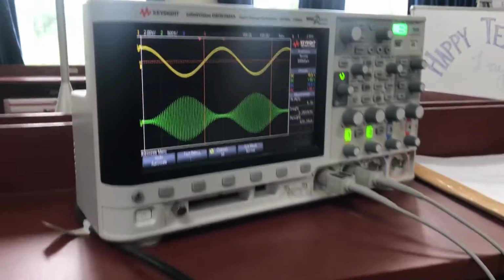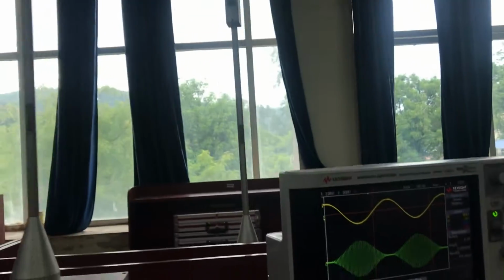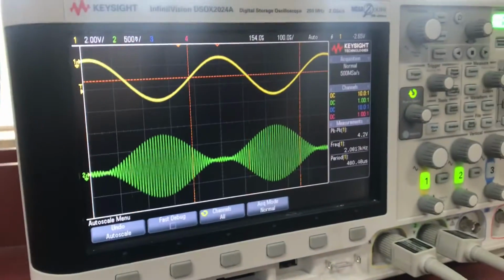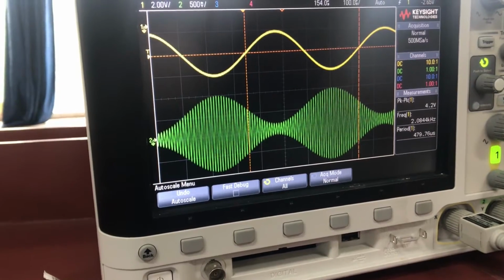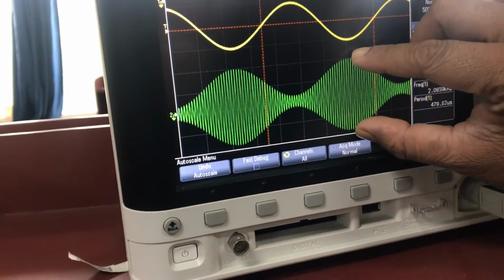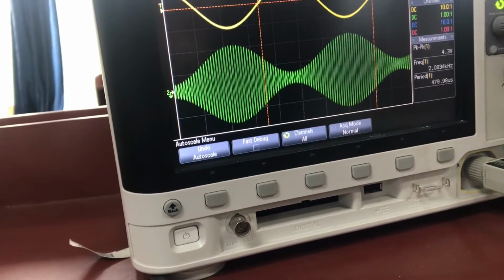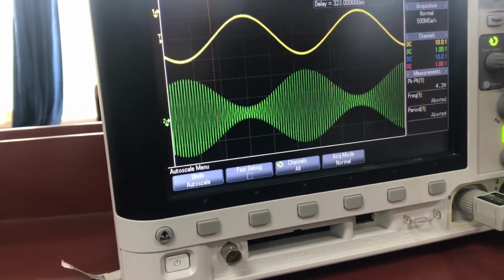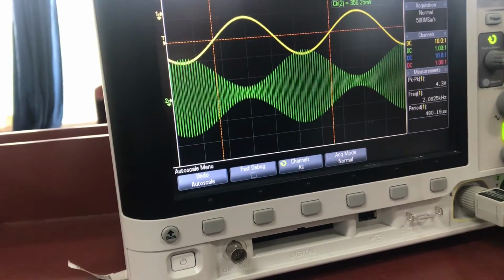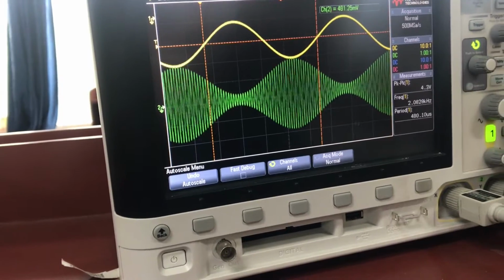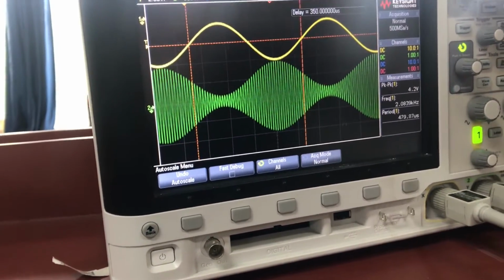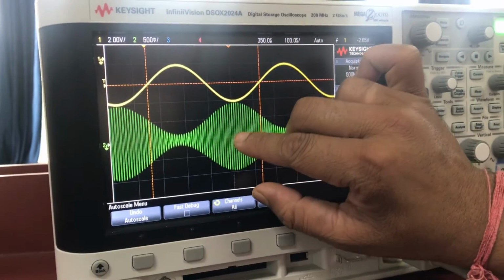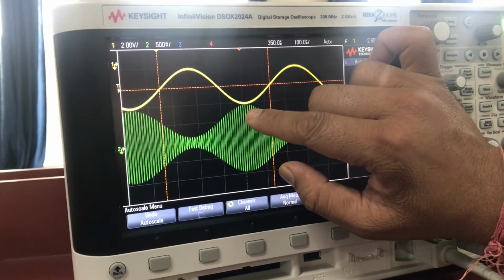Similarly, you can adjust your variable VDC knob, so you will get this type of modulation. Here also you get the P value. You see, now P is 1, 2, 3, around 4.